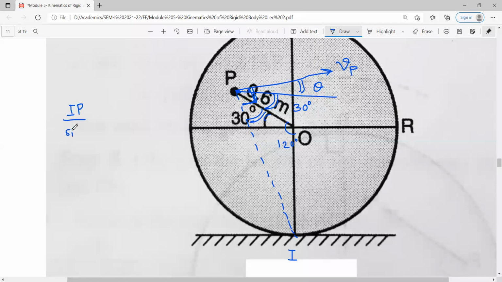IP upon sine 120 is equal to, this angle का opposite side is OI, upon sine of, say this angle is equal to theta. This angle is equal to theta.